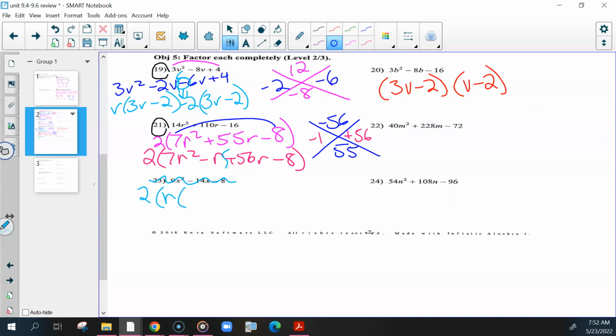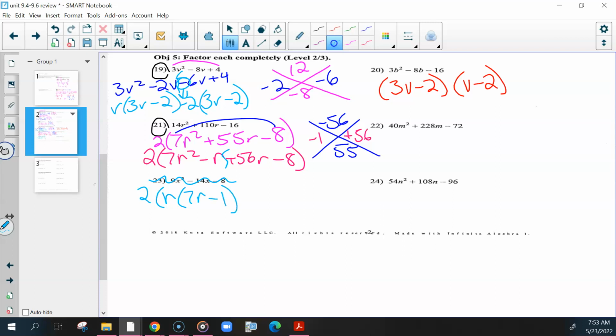And if we divide r out of both of those, what would be left? 7r and, what would negative r divided by r be? Negative 1.